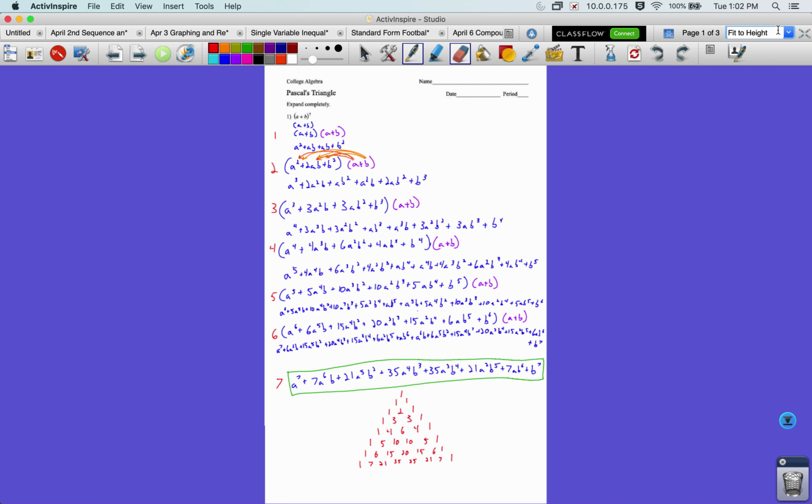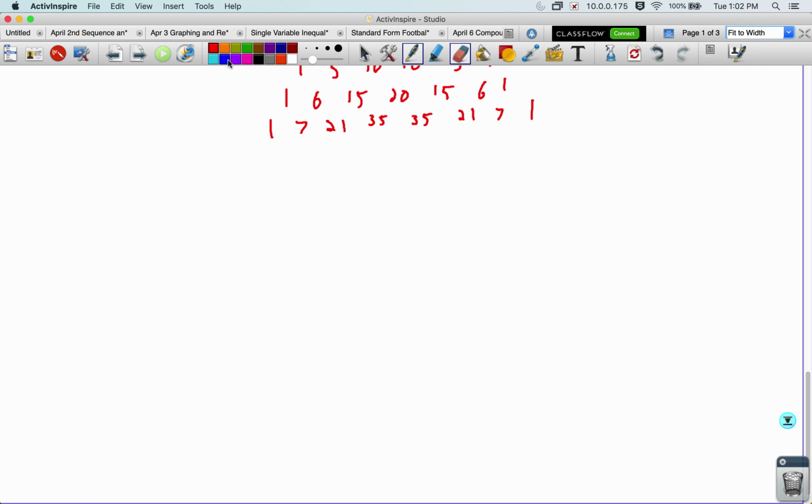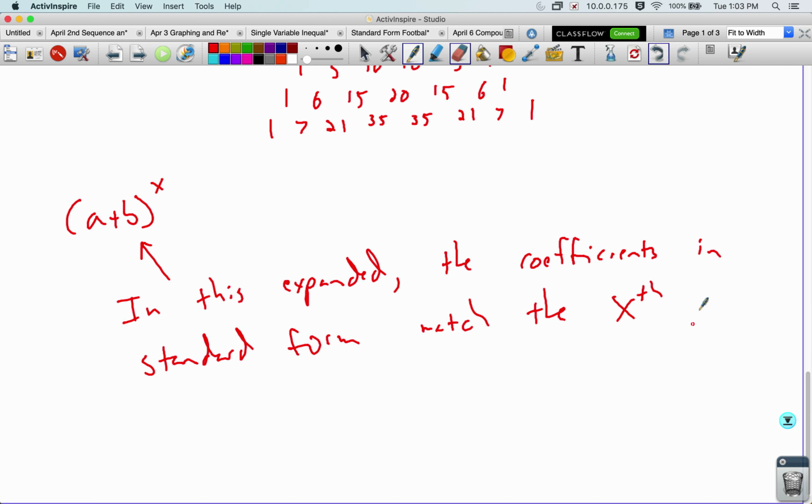But the main takeaway, and here I'll write this out, for your answer to that second question is that the expansion of a plus b to the x, in this expanded, the coefficients in standard form match the xth row. So whatever x is, you go to that row, you get your coefficients.